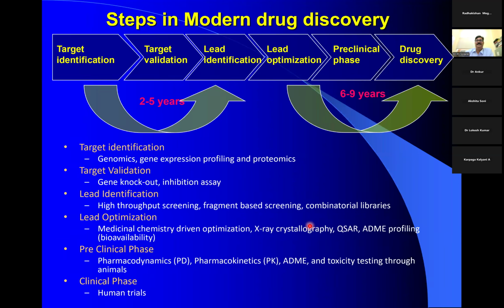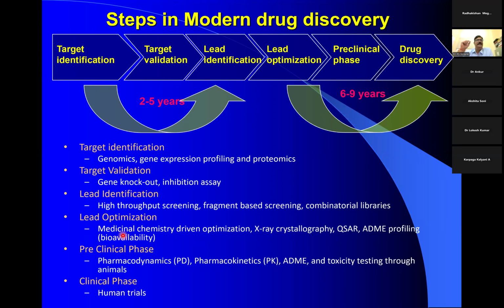And finally, ADME profiling, that is, absorption, distribution, metabolism, and excretion. It is performed to ensure the drug has good bioavailability. Bioavailability is a critical parameter ensured by ADME profiling.